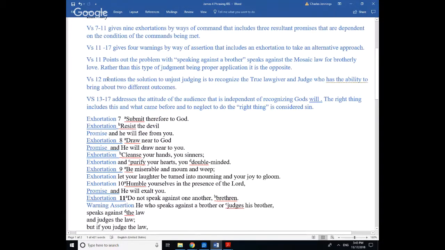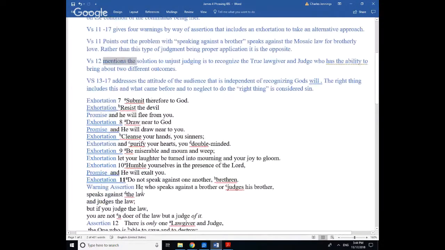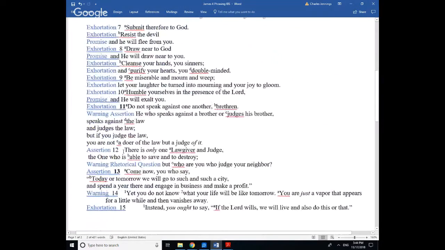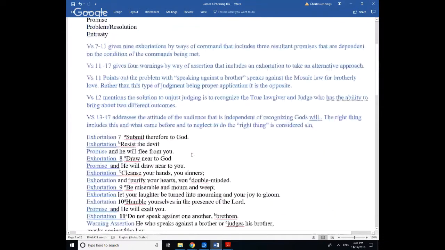But the solution that's implied or just hinted at is that it talks about the judge coming. There is only one lawgiver and judge. The one is able to save and to destroy. And so I just put right here, it mentions the solution to unjust judging is to recognize the true lawgiver and judge who has the ability to bring about 2 different outcomes.